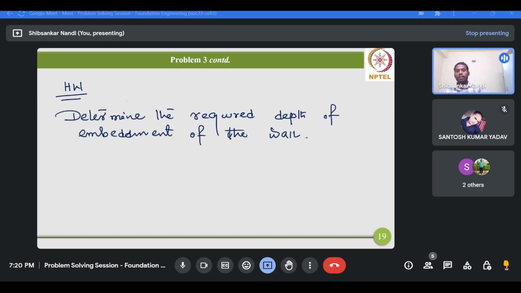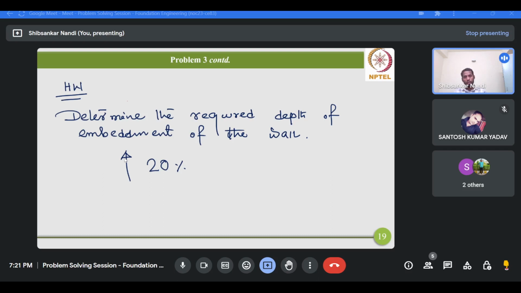Okay, so it is standard practice that whatever value you get after the calculation, you should increase that value by 20 to 30 or 40%. I am giving you the value that you should increase it by 20%. So whatever value you get from the actual calculation, we should multiply it by 1.2. That should be the provided value.